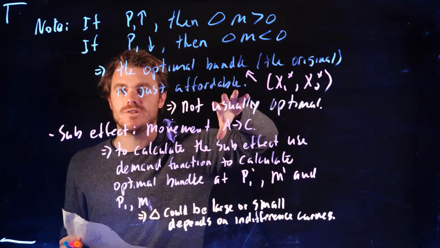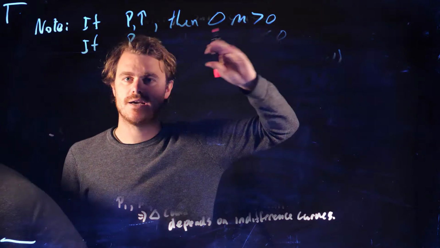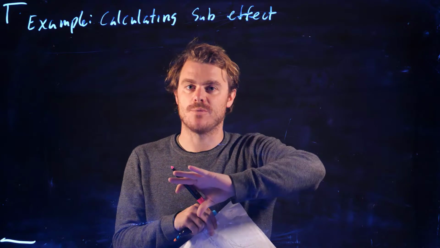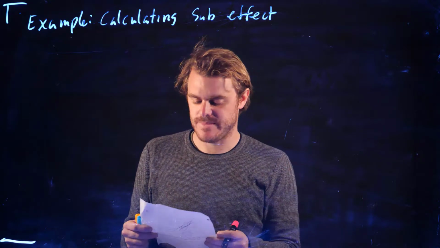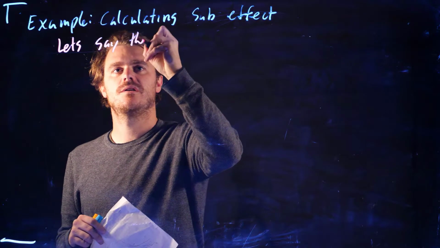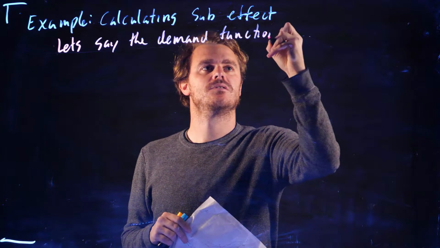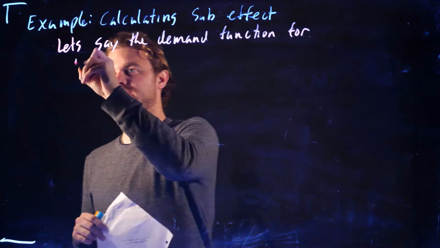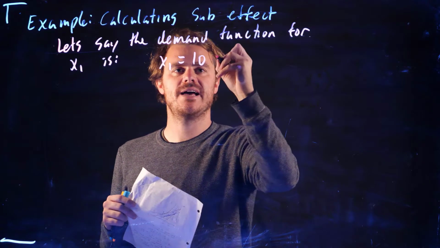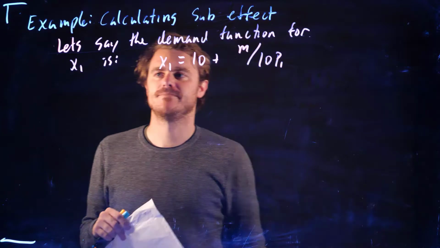So let's take a look at an example of this effect, going through those steps that we just talked about, or applying that theory we just learned about. So let's say the demand function for x1 is the following: x1 equals 10 plus m over 10 times p1.